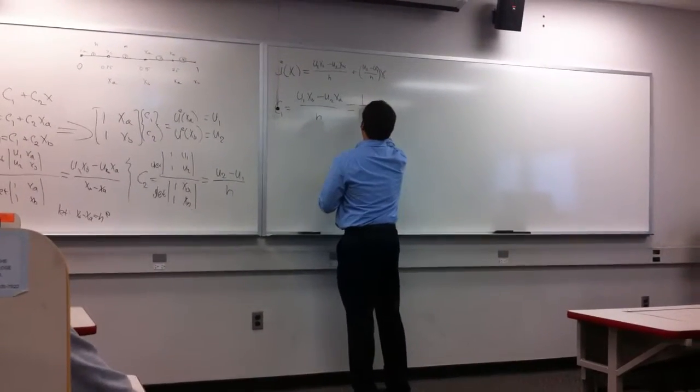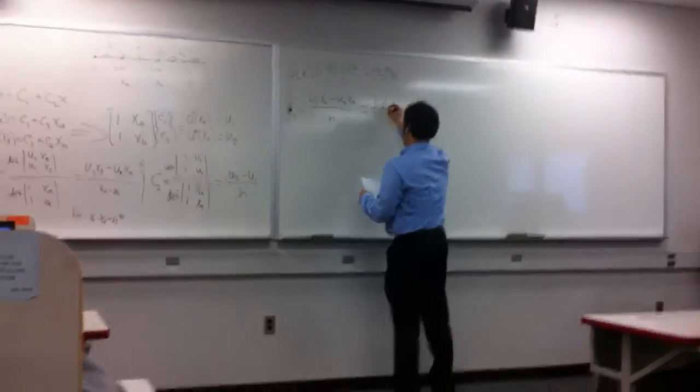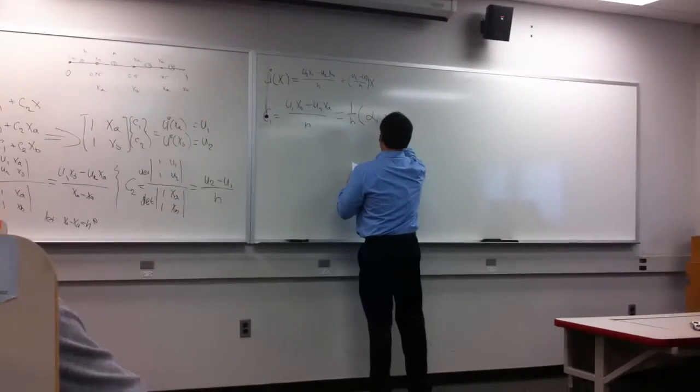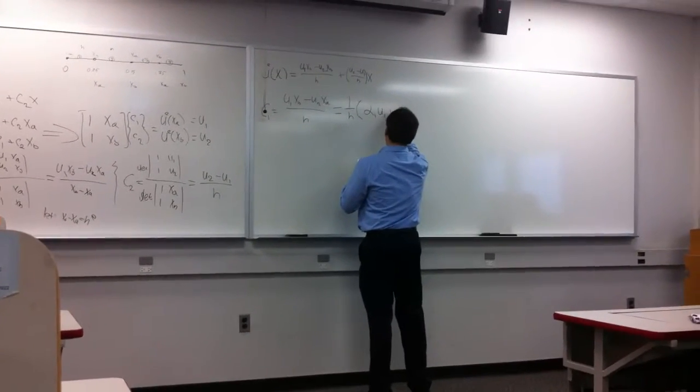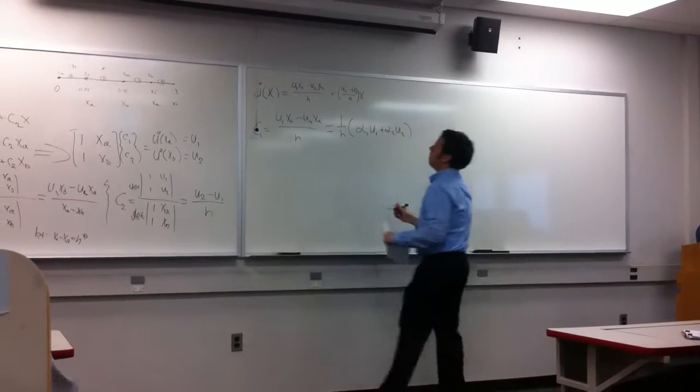I want to just take the H out, right? And I want to write it as alpha 1 U1 plus alpha 2 U2. Why not?